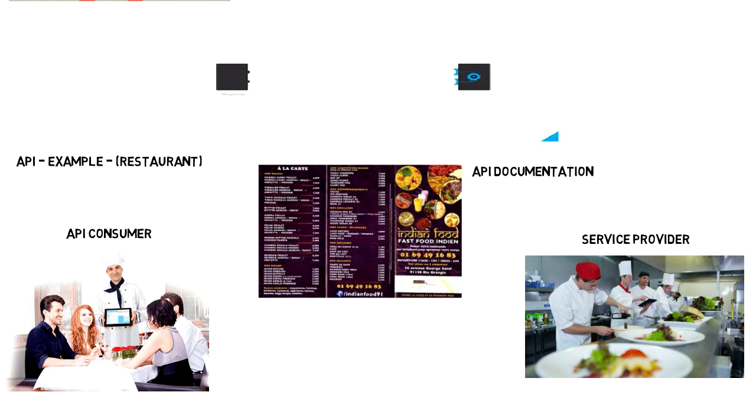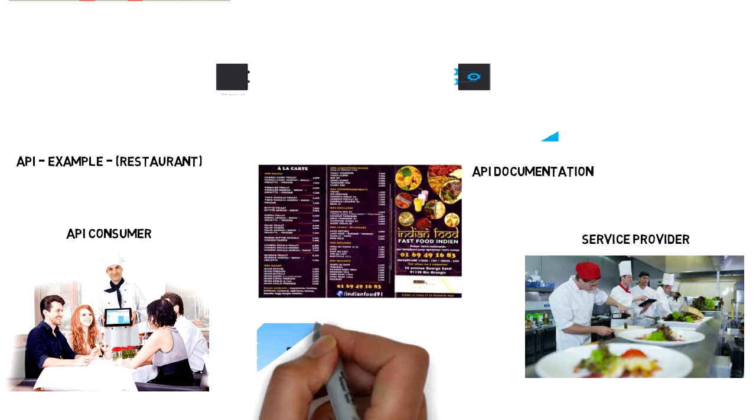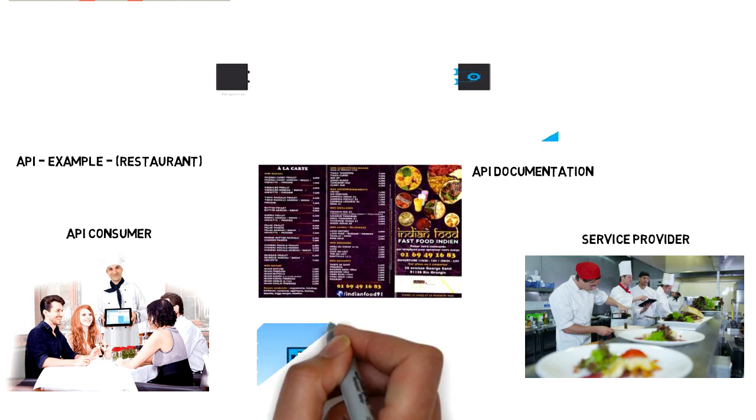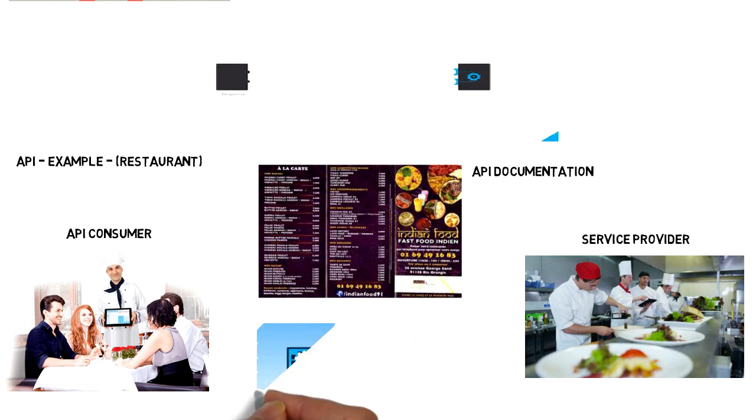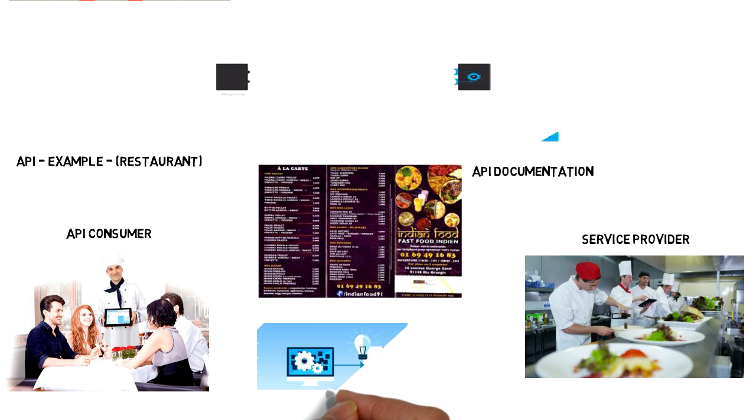And the menu we can compare with API documentation. It's going to have a list of dishes, and the money they have to pay for each dish. We can compare this with the API documentation. And the service provider is like a black box. We don't bother which chef is going to prepare it, what recipe, what materials he's going to use. So we can easily compare this example to the API.